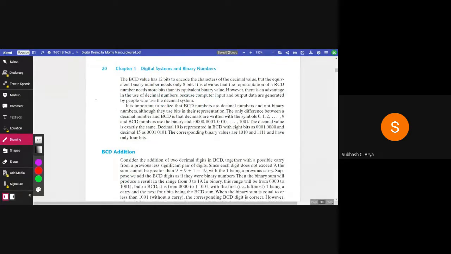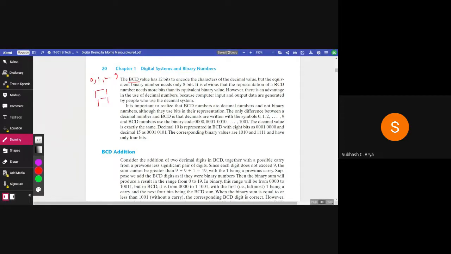Because most of the time in our day-to-day life we deal with the decimal number system, 0 1 2 3 4. This we know, and on your laptop keyboard also these numbers are there. There is no such binary number, but your machine is working in binary form. So straightforward conversion is possible in BCD, and this BCD is very important for representation also.